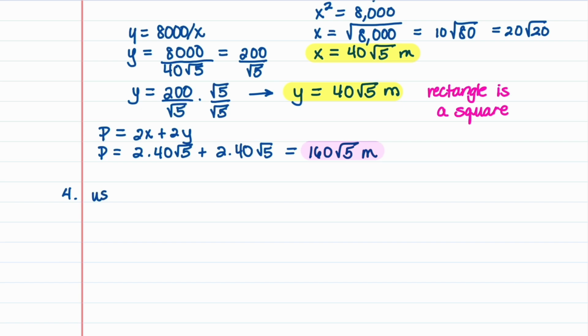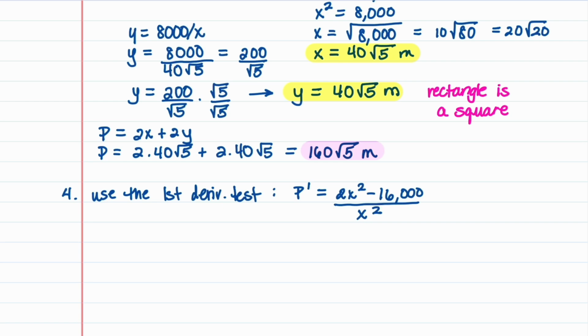We're going to use the first derivative test. And I'm just going to put p prime here because we're going to need that. P prime is equal to 2x squared minus 16,000 all divided by x squared.